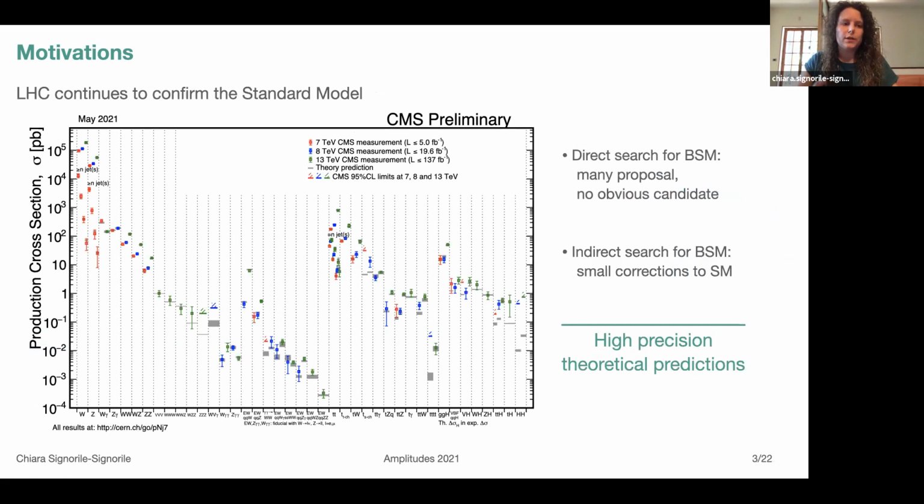There is another important fact. We know that the LHC continues to confirm the Standard Model predictions, and this is true over an amazingly wide range of energies. Therefore, one of the goals for theoretical predictions is also hunting for very small deviations from Standard Model predictions that can be a trace of beyond the Standard Model physics.